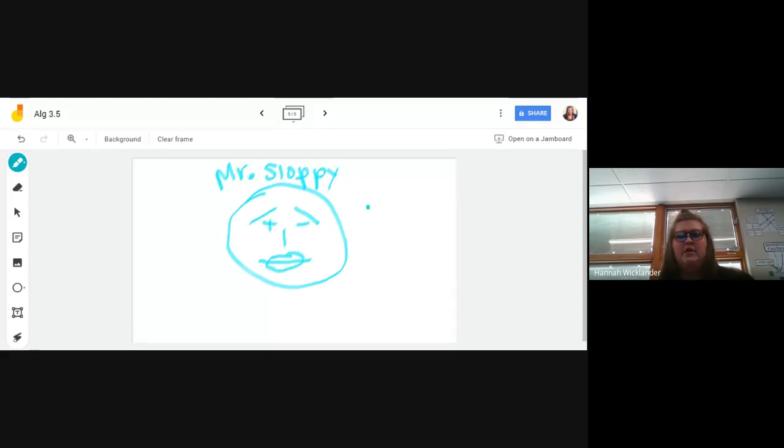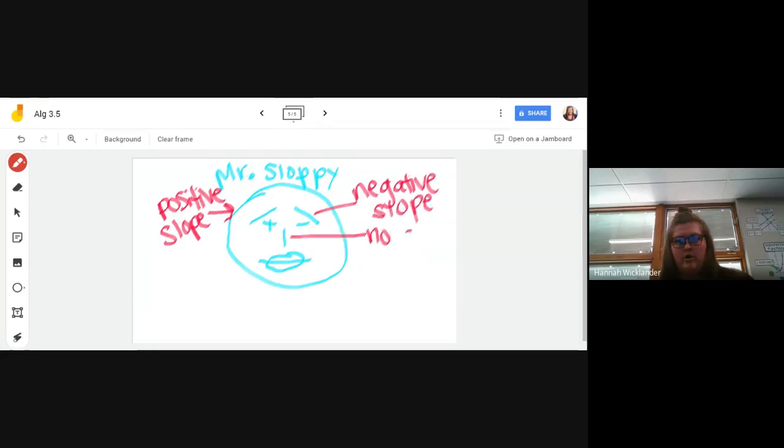So that's a 0. So we have a positive slope here, a negative slope, no slope or nose, and a 0 slope for the mouth.